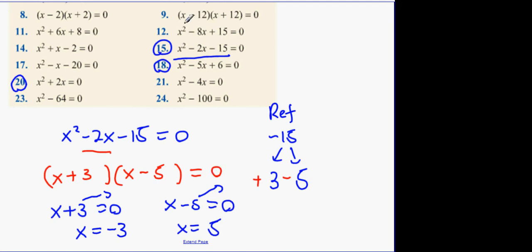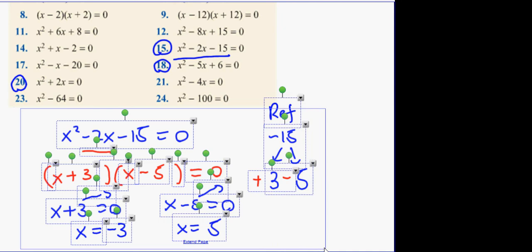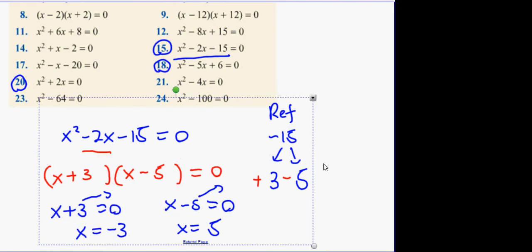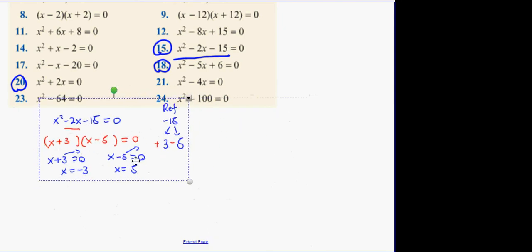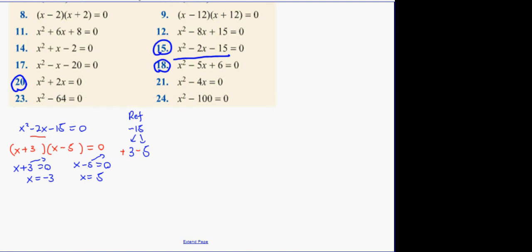Alright guys, what we go for next is Jan. Jan, you're going to tell me how to do number 18, okay? So it's x squared minus 5x plus 6 is equal to 0. Now, x squared minus 5x plus 6.